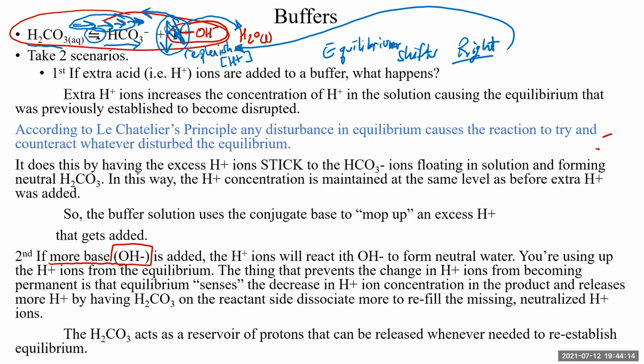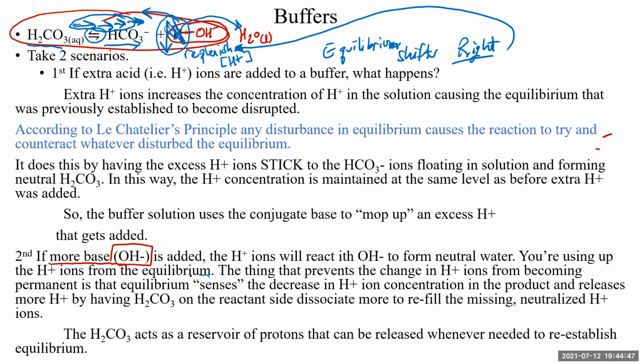Remember, at equilibrium, both processes, the forward process and the reverse process, are always continuously going. But if you reduce hydrogen ion, the reverse process slows down. The left to right process keeps going. So in essence, you're going to have a net increase in the rate of dissociation until the hydrogen ion concentration builds back up again. And then equilibrium gets restored with approximately the same number of hydrogens as before.